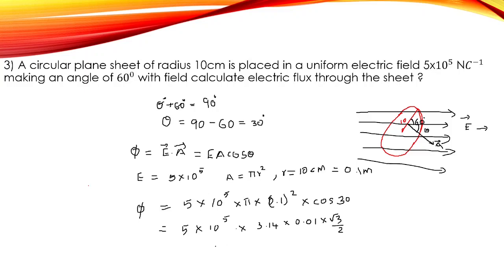Calculating all these values, we will get electric flux is equal to 1.36 into 10 raised to 4. What is the unit of electric flux? That is Newton Coulomb inverse meter square. This is our final value.